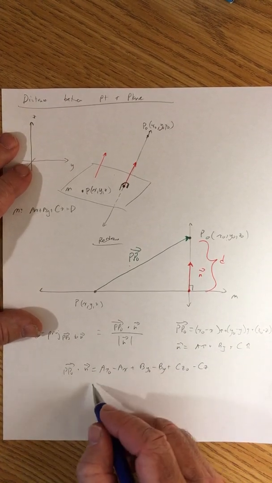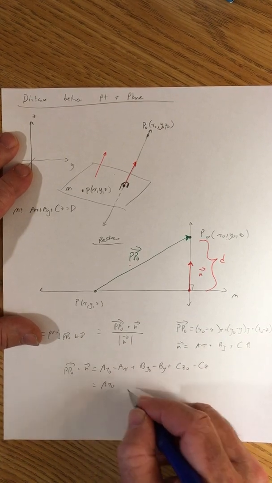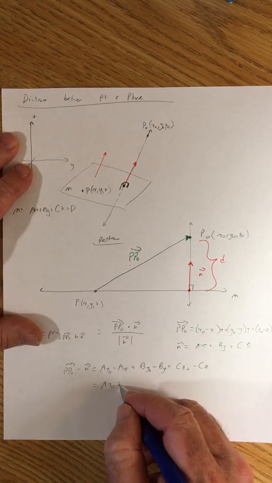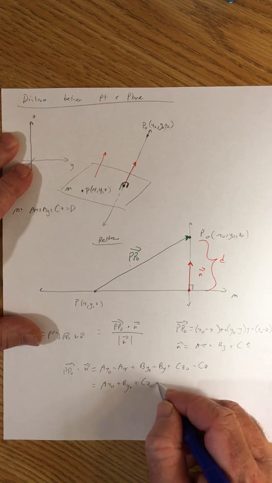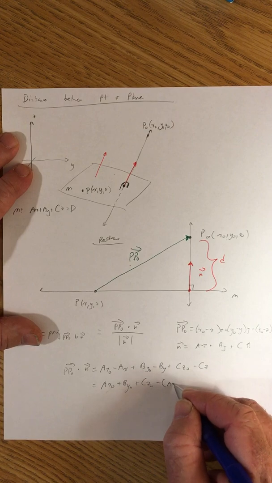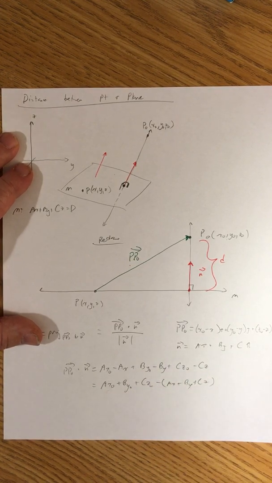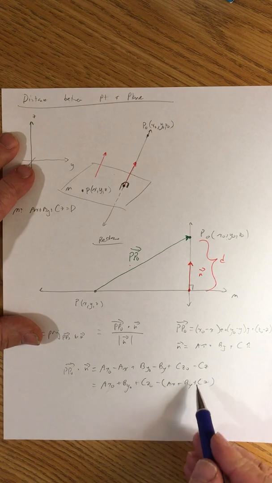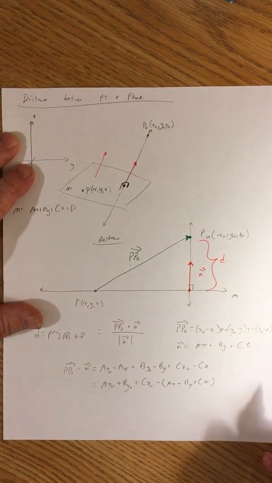All right, so regrouping a little bit, you got ax0 plus by0 plus cz0 minus the quantity ax plus by plus cz. Ax plus by plus cz is d.